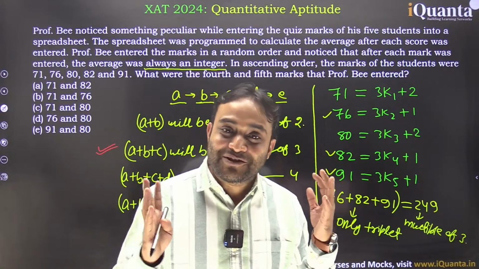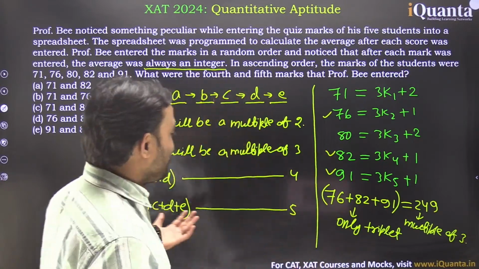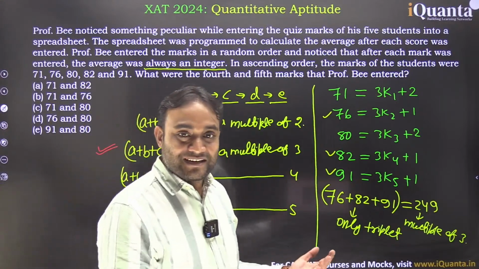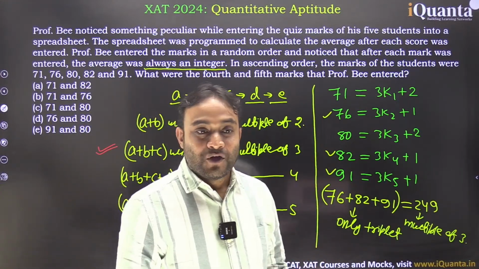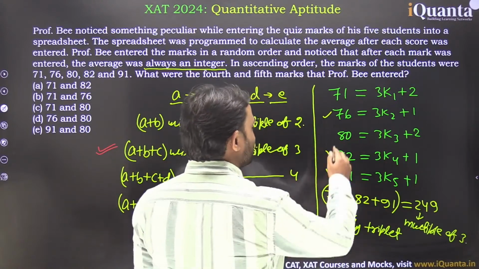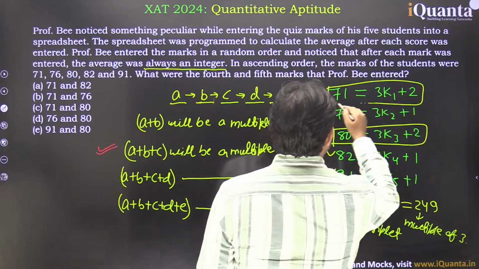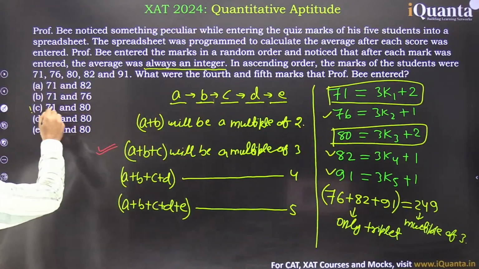Yes, it will be 91. Why? Because A plus B should be a multiple of 2. So the answer for this question is 71 and 80.